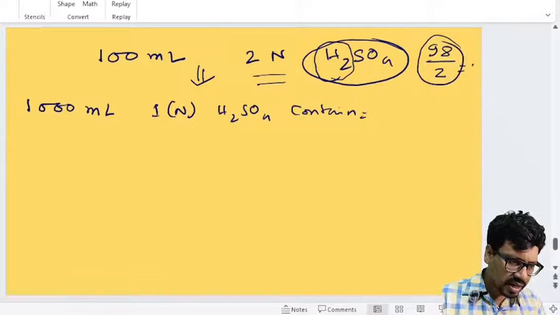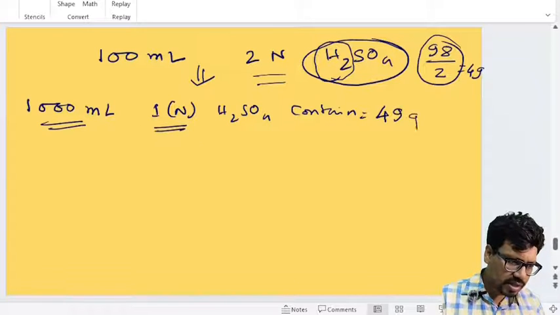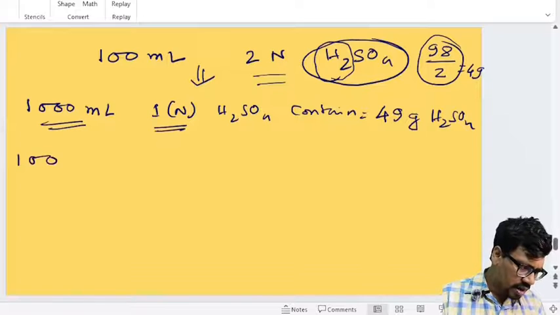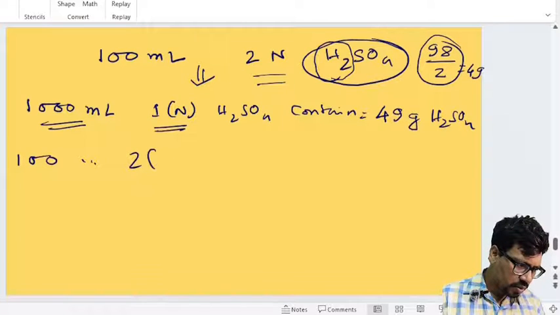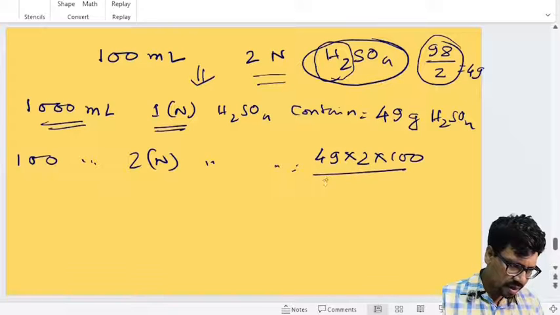So that is 49. So 1000 ml of 1 normal H2SO4 means 49 gram, the equivalent weight of H2SO4 in gram. Now 100 ml of 2 normal H2SO4 means 49 into 2 into 100 divided by 1 into 1000 gram of H2SO4.